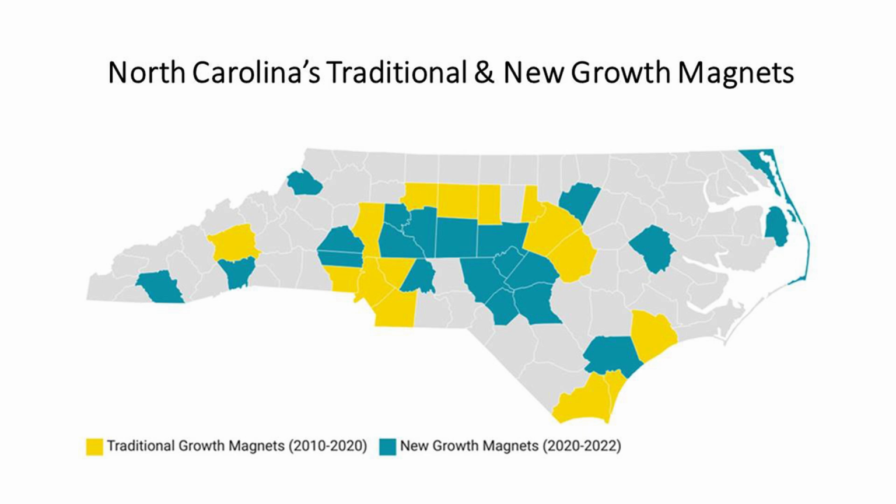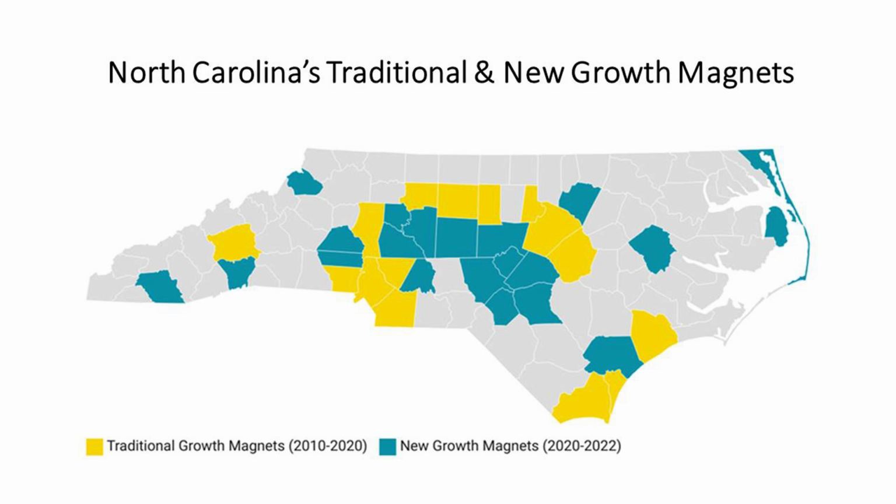And so you see Durham is one of those traditional growth magnets. Orange is not. Wake is. Johnston is. And then the new growth are those perimeter counties where people are moving to look for less expensive housing. And that's why Orange County is not colored in, because the housing is incredibly expensive in Orange County. But you see people starting to move north, Franklin County. Eventually, I think we'll see Granville and some of the other counties up above Durham start to pick up some of that growth.